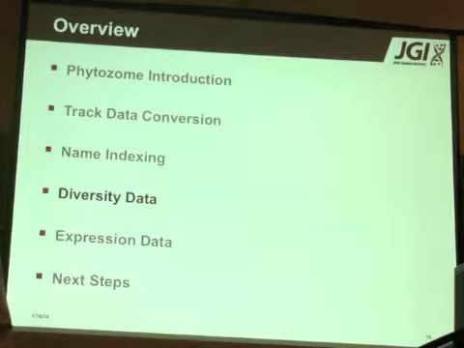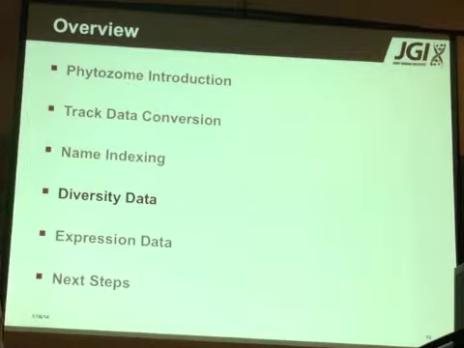So I'm going to spend the last little bit of time here talking about two types of data that are slowly taking over my life. So the Joint Genome Institute has traditionally been a sequencing facility for reference genomes.